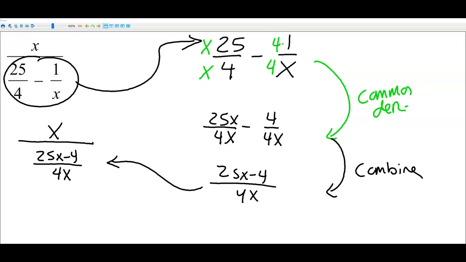After that, we're just going to do what we did before. We do top divided by bottom.